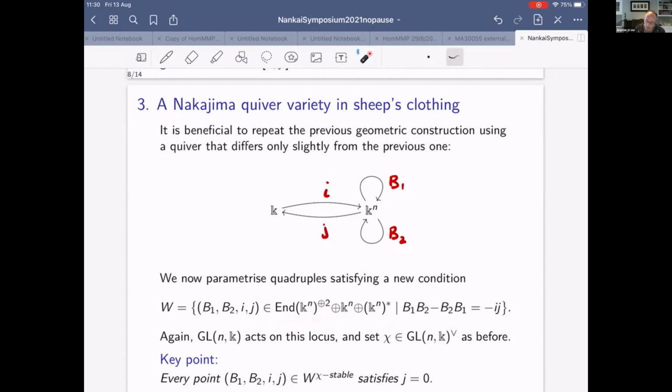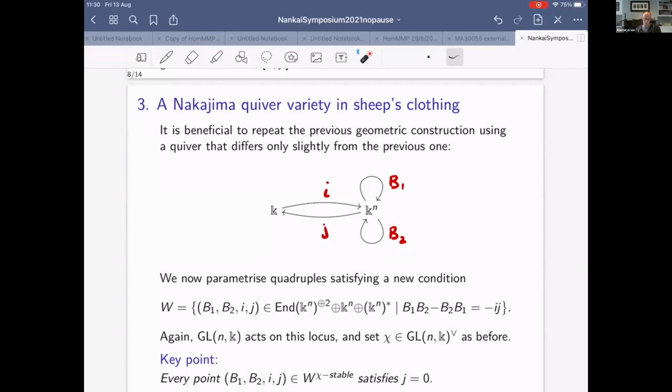So this is a vector space, and it's still one condition, but notice that the condition differs slightly on the right-hand side. Rather than being 0, I'm insisting this is minus IJ, by which I mean I follows J. So rather than b1 b2 minus b2 b1 being 0, it's the composition of these two maps at Kn.